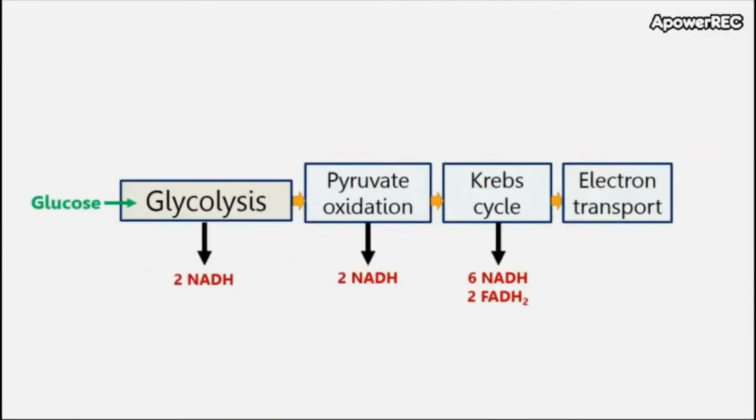As we can see, in glycolysis, 2 NADHs are produced. In pyruvate oxidation, each pyruvate produces an NADH, so we get 2 more NADHs out of this. But in the Krebs cycle, we collect 6 NADH and 2 FADH2s.